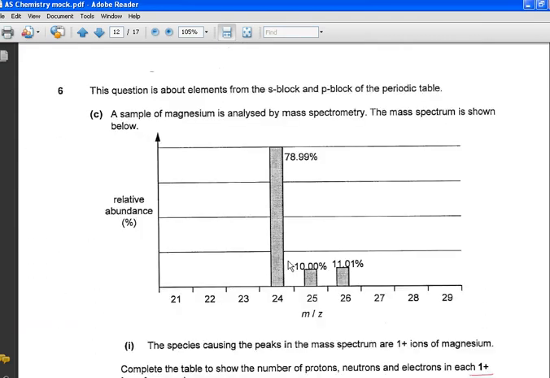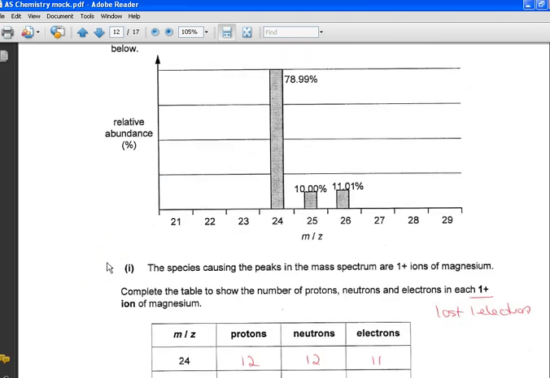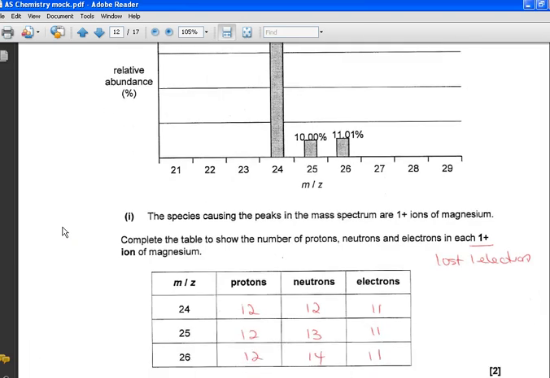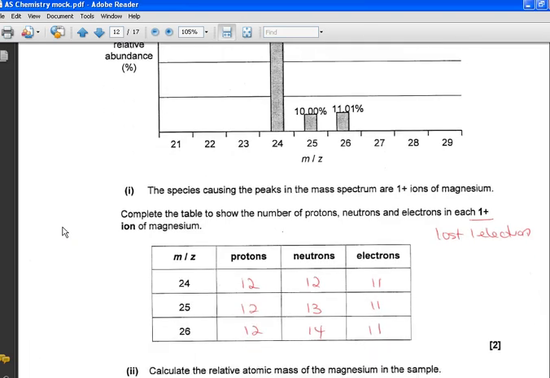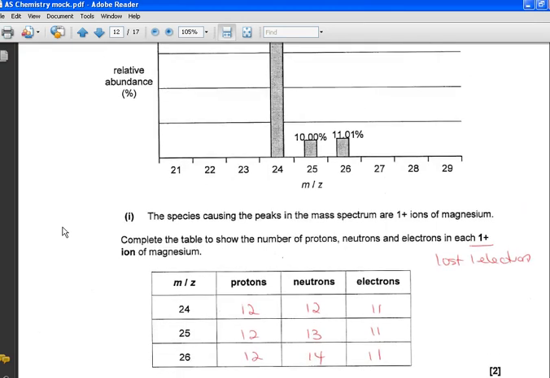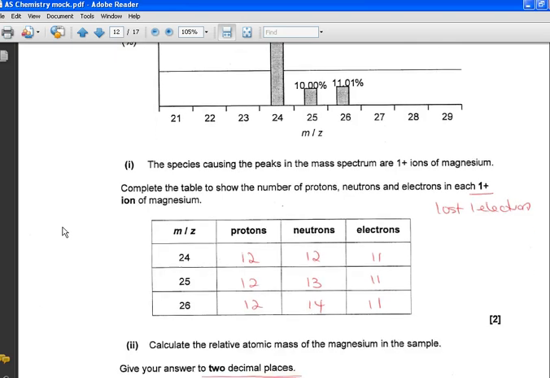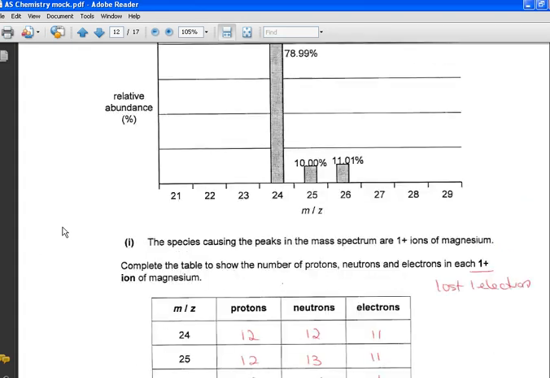Okay, question 6. So you're given some data on abundance of isotopes, okay, and it tells you the percentage abundance of +1 ions of magnesium, and then asks you to complete the table of protons, neutrons and electrons.